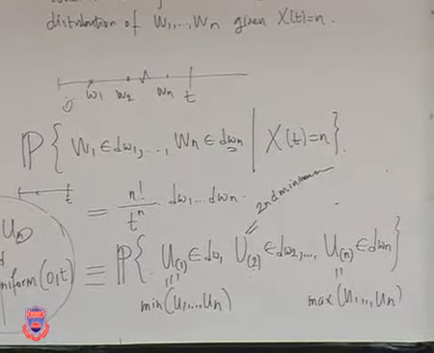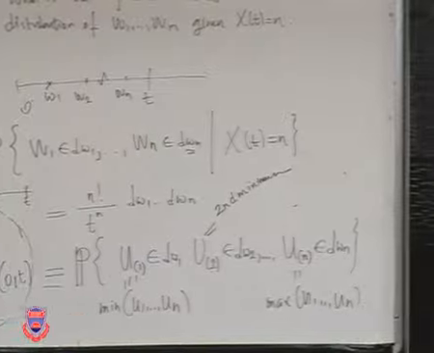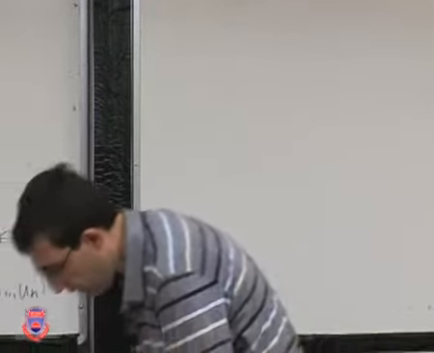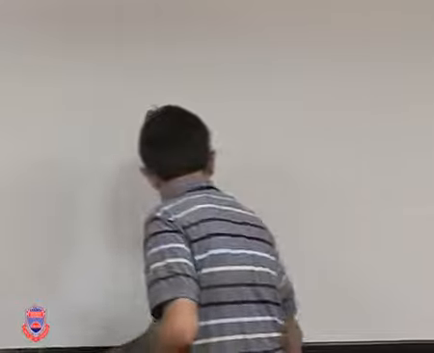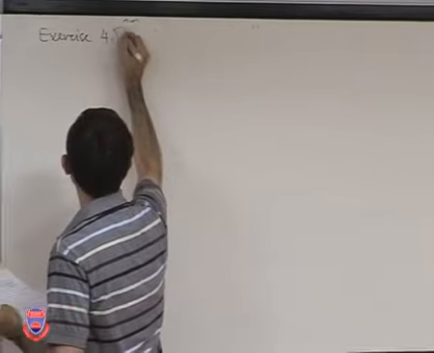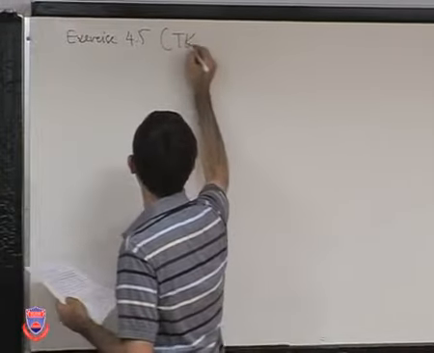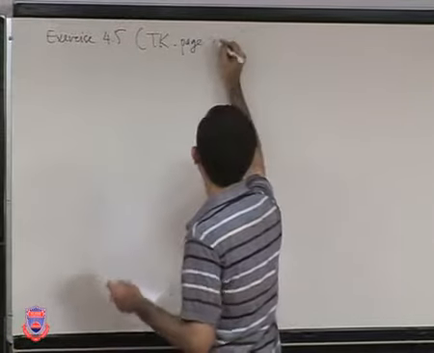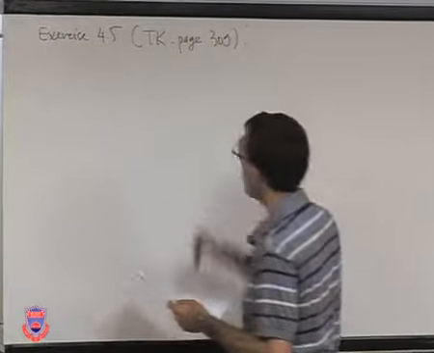And I guess in this question we are interested in the probability that a system is going to be empty at a given specific time. So exercise 4.5 from our textbook, and it is, I guess, on page 309.